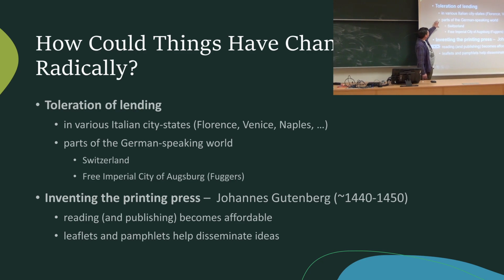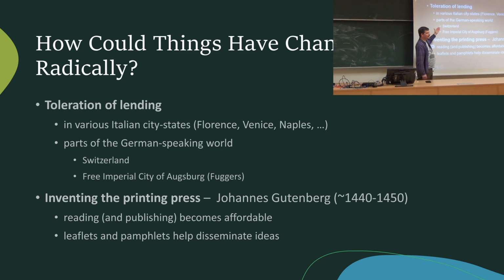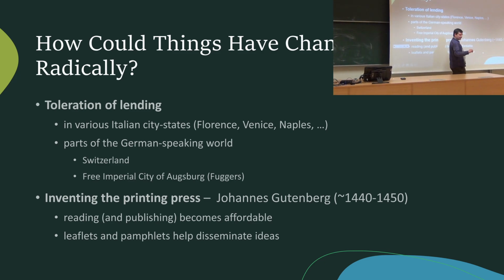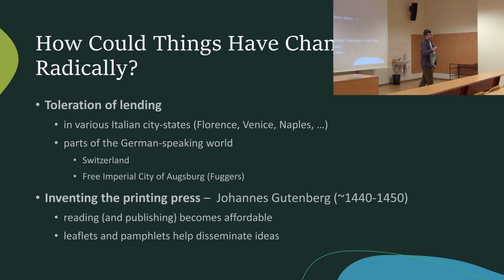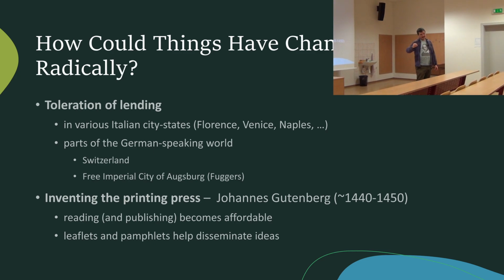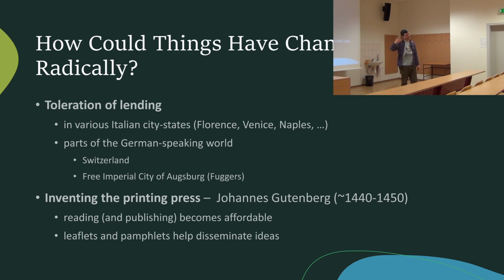Basically, we've discussed already this lending issue in terms of why and where it happened. But why is it important? The reason it is important is that the moment it was okay, at least in terms of legality, to lend money, you could make money.